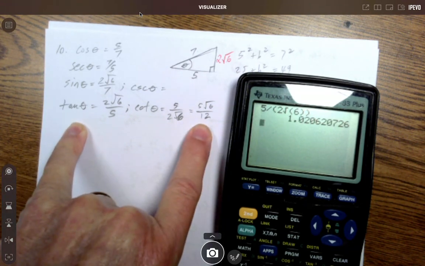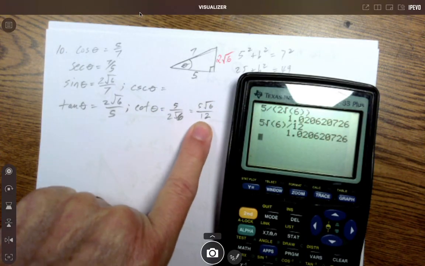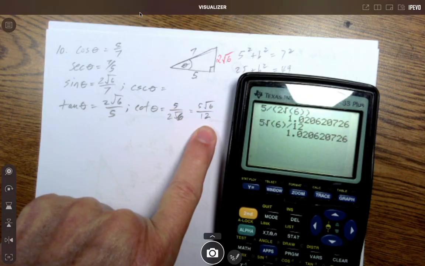I should get the same thing here. So 5 square root 6 close divided by 12 gives me the same number. So I know that they're equivalent. Therefore, I probably did it correctly.